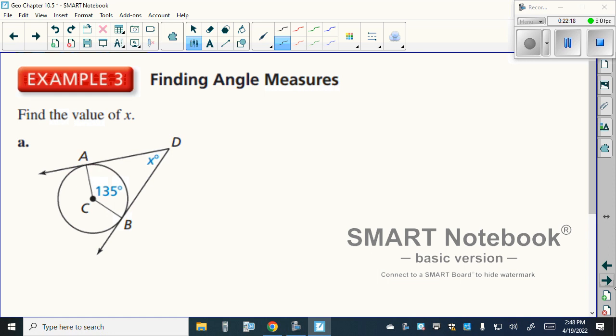So if we look at this here, this is a circumscribed angle, so we know these two angles add up to be 180.